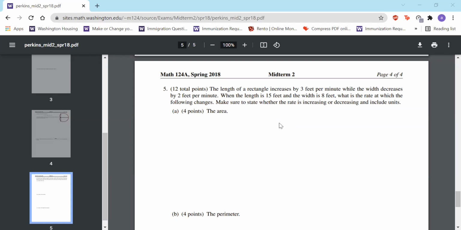The length is increasing, so dx/dt is positive 3, and the width is decreasing, so dy/dt is negative 2.